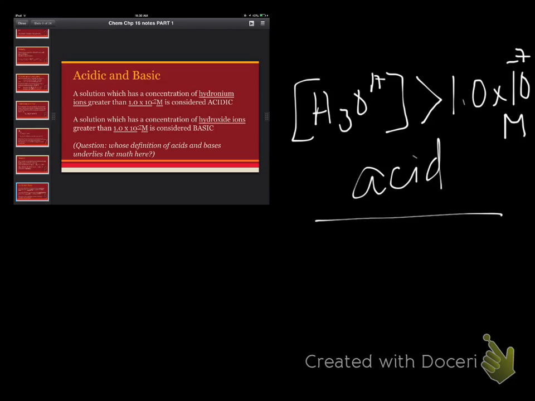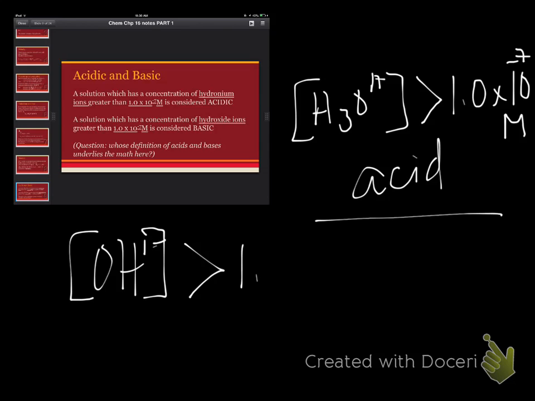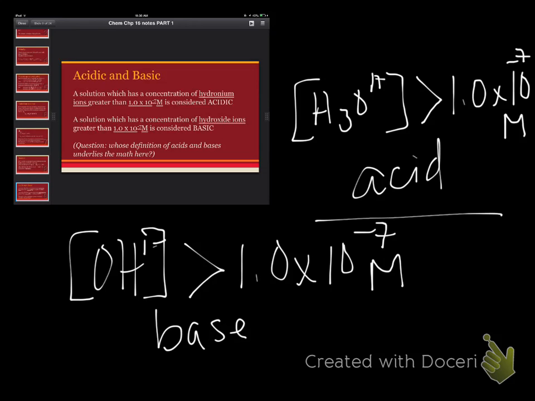If it's got more hydronium ions than pure plain old water does, it's an acid solution. If we have something where the concentration of hydroxide ions is greater than the number found in just pure plain old self-ionized water, that solution is considered a base. It's a basic substance.